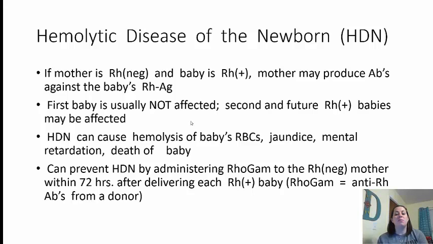Now, can we prevent HDN? We actually can. With a woman who is Rh negative, a lot of times they don't even test the baby to see the blood type of the baby yet. But what they do is they give the individual what we call a RhoGAM shot. RhoGAM shots are going to allow the mother to borrow the antibodies.